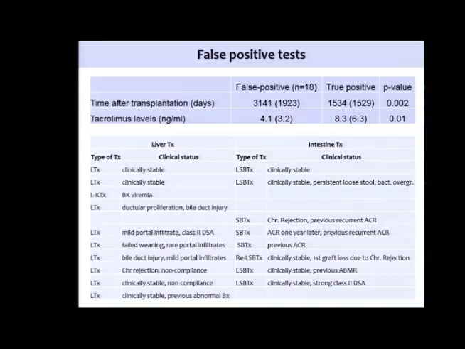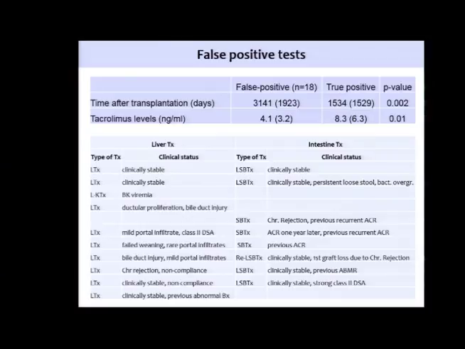But when you look at these folks, there's abnormal biopsies, there's class 2 DSA, there's failed weaning of drug on a national protocol, and these patients went on to have rejection. So it just tells us that we are probably still not at therapeutic immunosuppression, maybe. And you go down the list: mild portal infiltrates, chronic rejection, non-compliance, and previously abnormal biopsy.